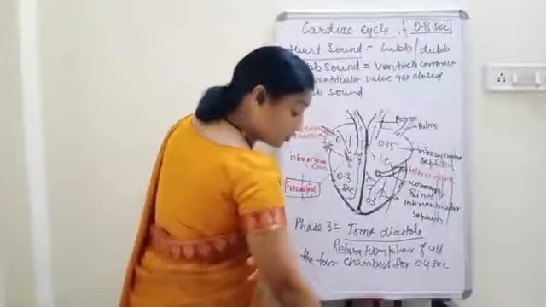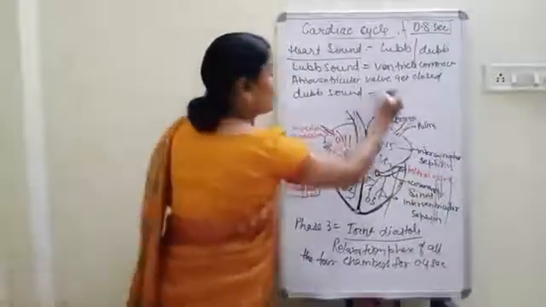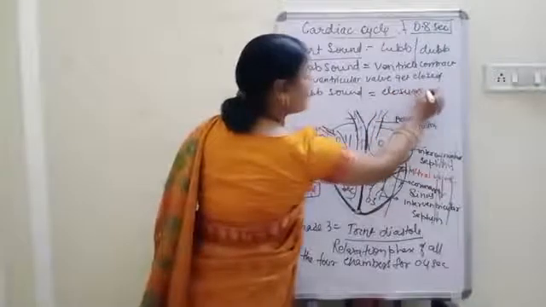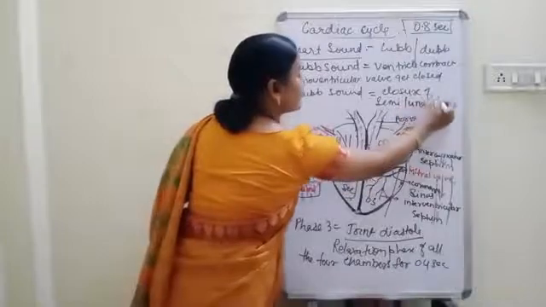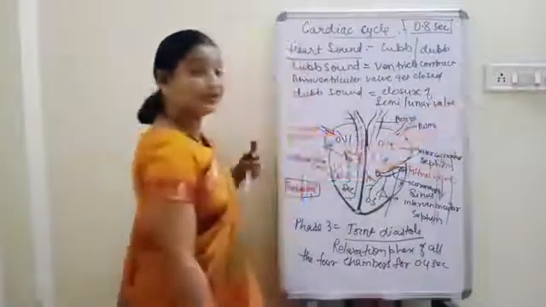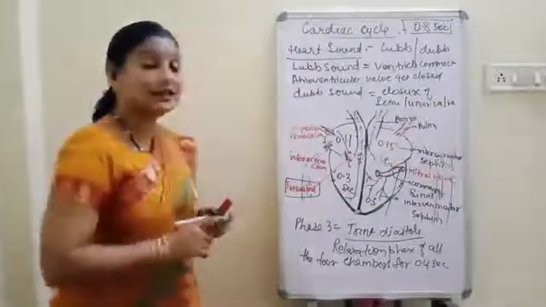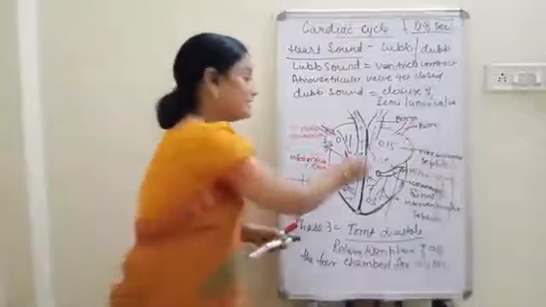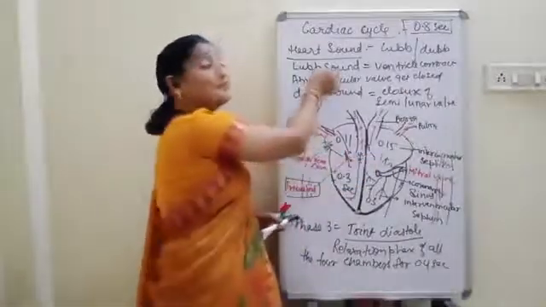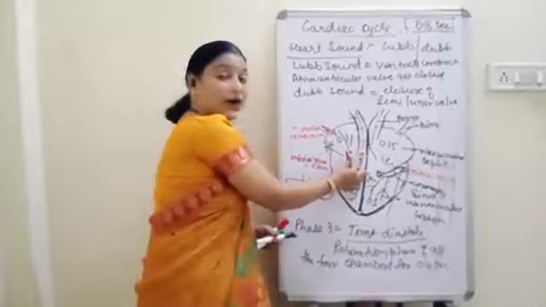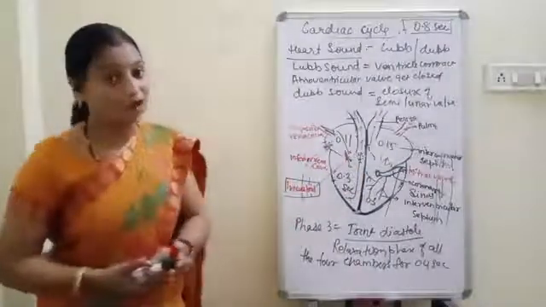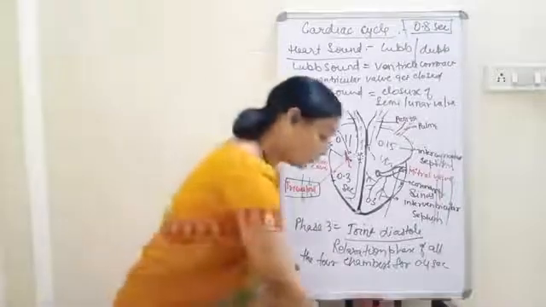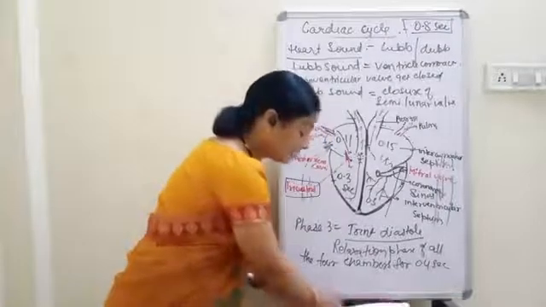It is produced by the closure of semilunar valve. Understood? So, what is dub? Dub is the closure of semilunar valve. What is lub? Lub is the closure of atrioventricular, that is tricuspid and bicuspid valve. So, this is all about the heart sound.